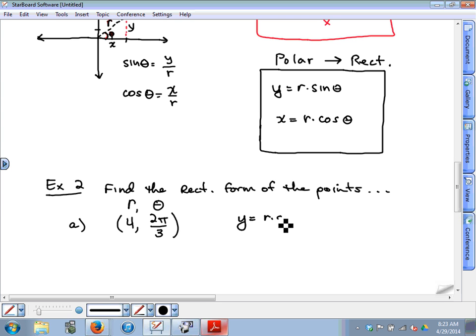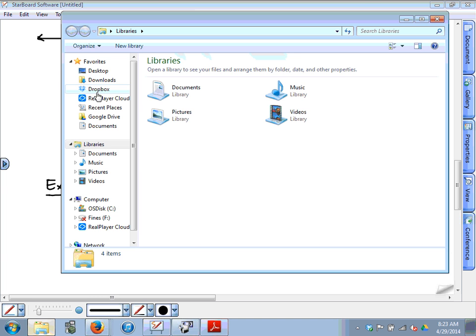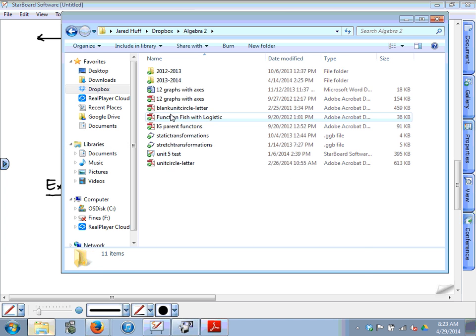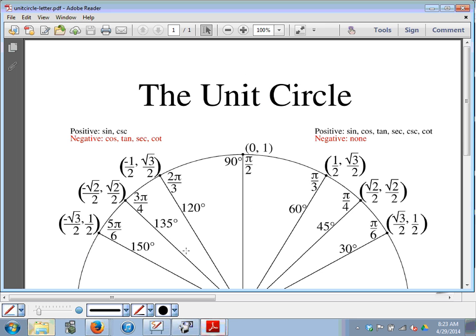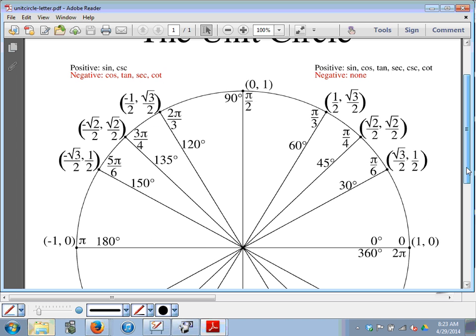So y is equal to r times the sine of theta. That means that y is equal to 4 times the sine of 2π/3. So on the unit circle, let's take a look at the unit circle. 2π/3, right here.